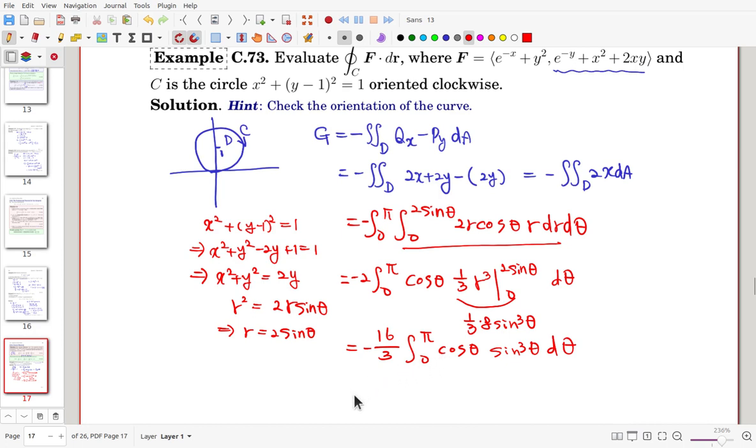From here, minus 16 over 3, and the antiderivative of this one is simple: 1/4 of sine to the 4th power of theta, from 0 to pi. When theta is 0, the value is 0. When theta is pi, again 0. So that is completely 0, and 0 is the final answer.